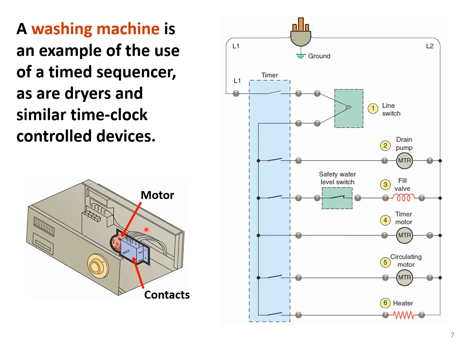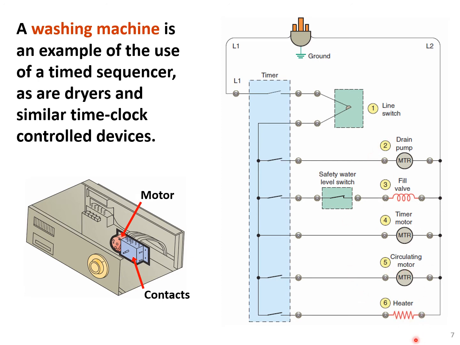and basically it's the same as those drum motors. Okay. So let's see what is happening here for this case of the washing machine. We have 1, 2, 3, 4, and 5 switches here. And you see that each switch takes care of one stage, for example, drain pump, or fill valve, or timer motor, or circulating motor, or heater.